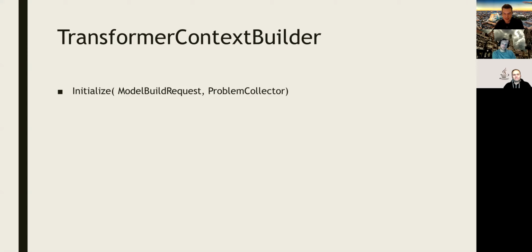And the reason for it is if there was no problem collector, you would go from one problem to the next. And now you can get a whole list of all the issues that are in your POM file. It's just more efficient to give you a whole list of the things you need to fix.